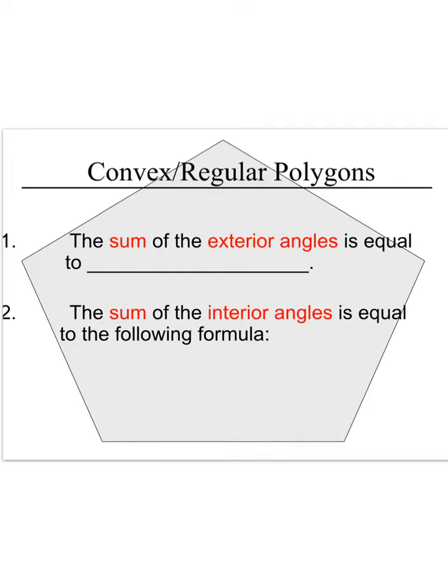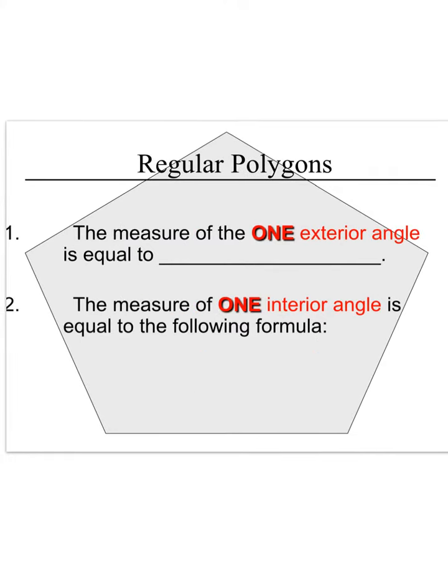Okay, so we have convex regular polygons that we'll be dealing with, and as a result, the sum of the exterior angles is always equal to 360 degrees, and the sum of the interior angles is equal to 180 times the number of sides, n, minus 2.